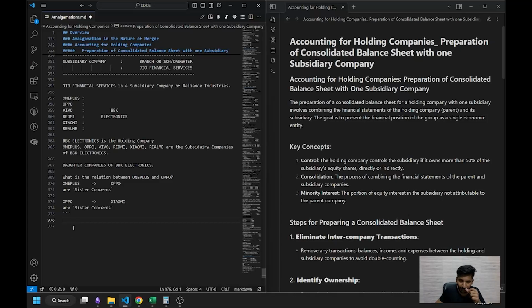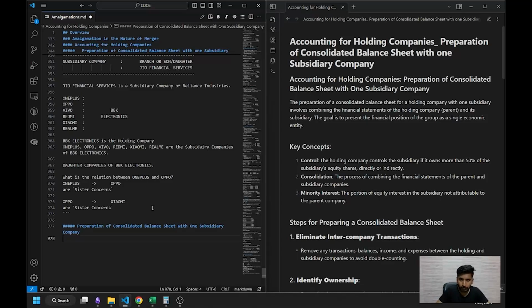Let's move ahead and talk about the preparation of a consolidated balance sheet with one subsidiary company.